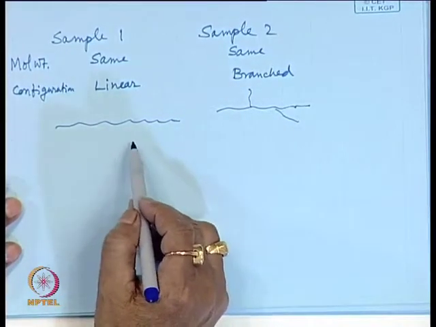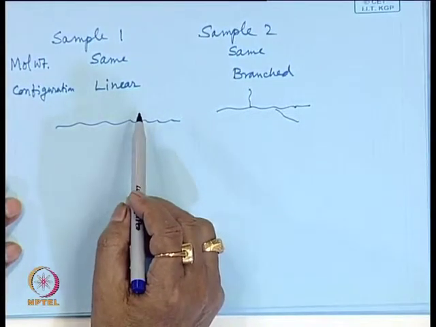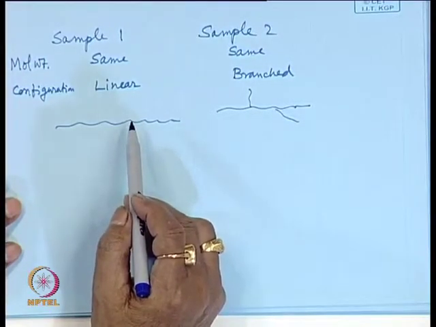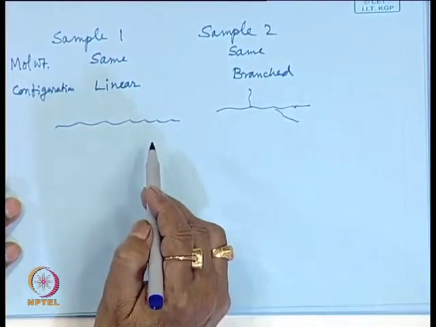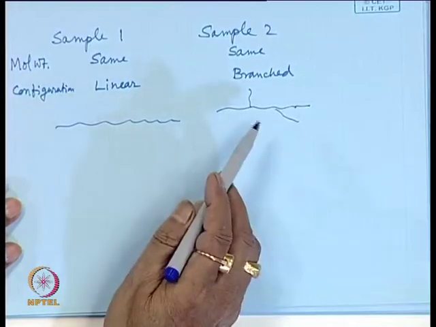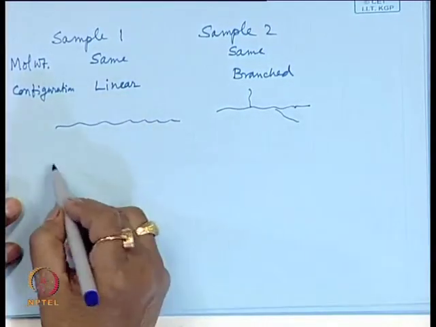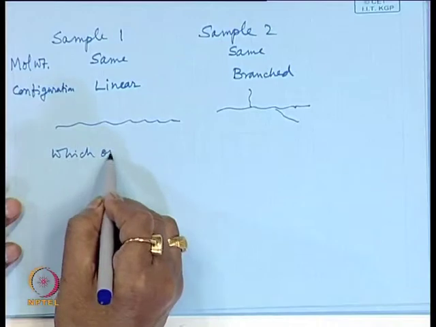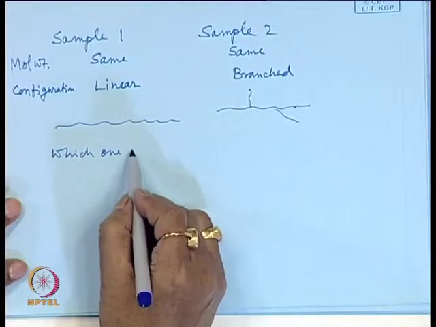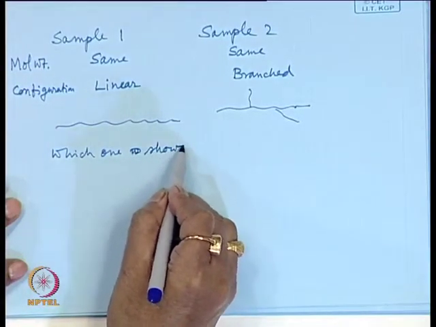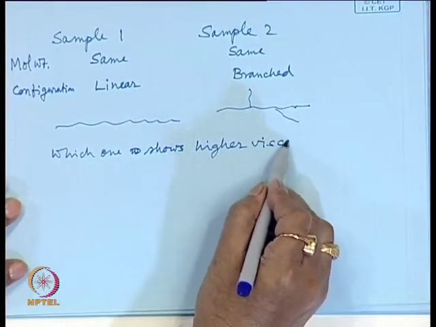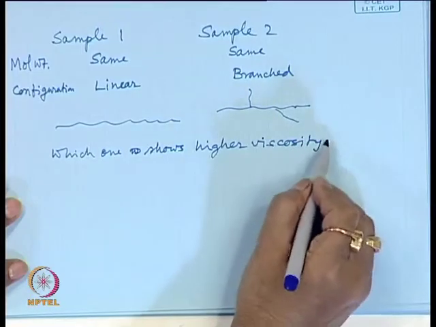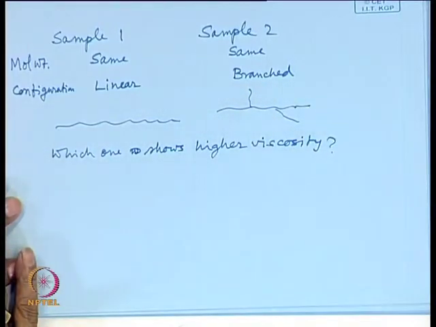You tell me, when you measure the viscosity of sample 1 and sample 2 taking the same concentration of these two samples, which one will be more viscous, or the viscosity of the two will be the same.